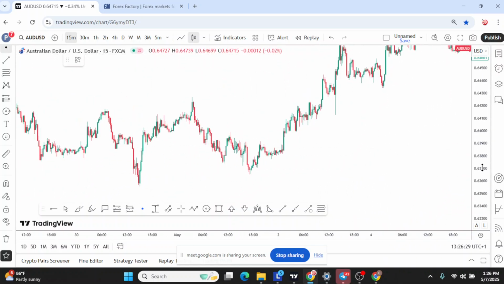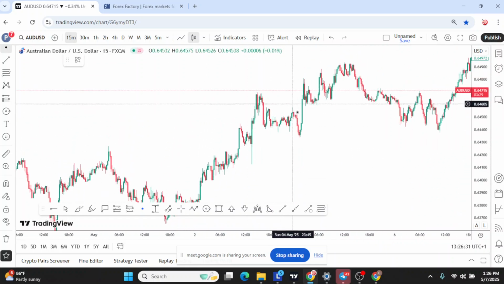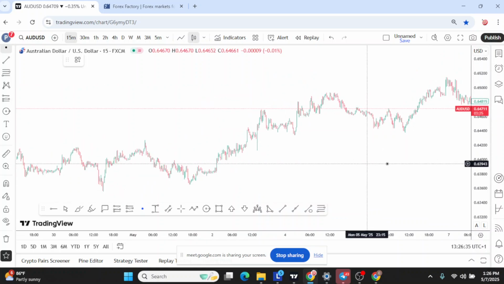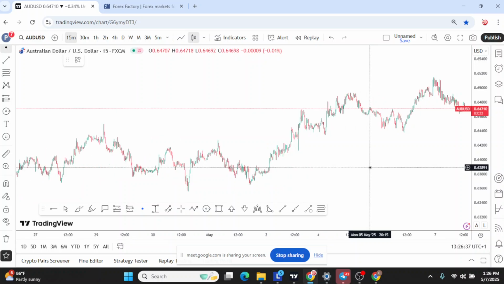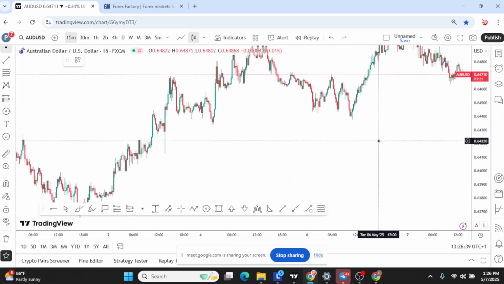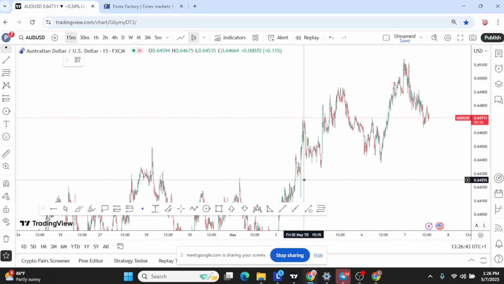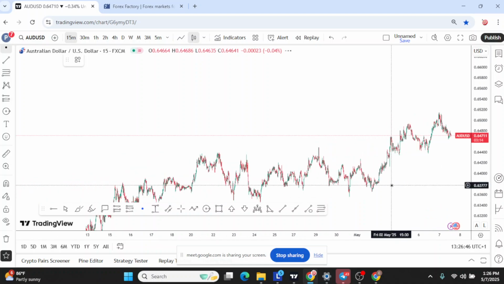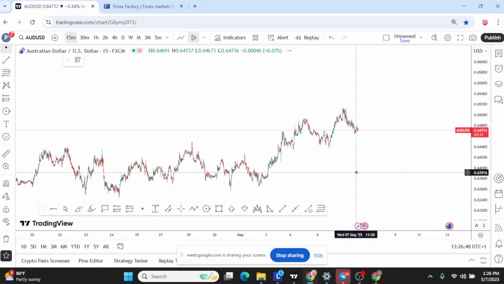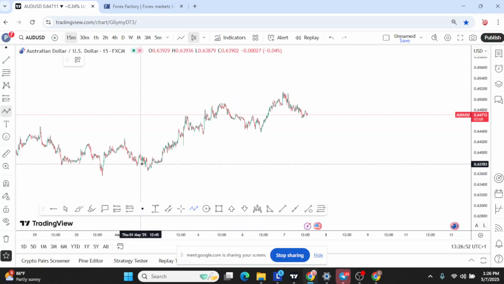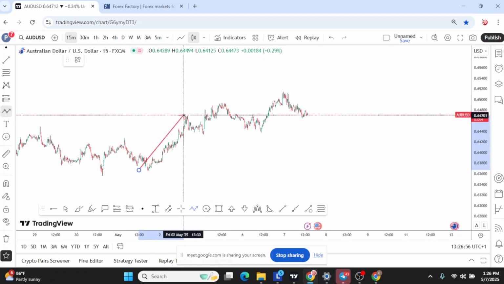Now we have price pushing up here. You can see this move, that this is an uptrend on this time frame. So if you want to identify this structure here, this is the low that price starts from, and all of this is a long impulse move.